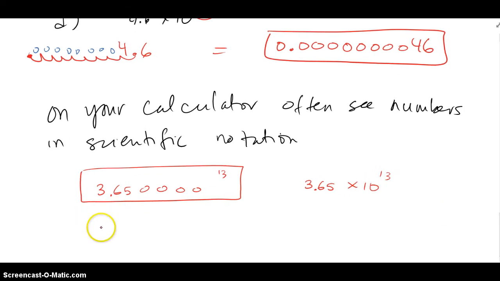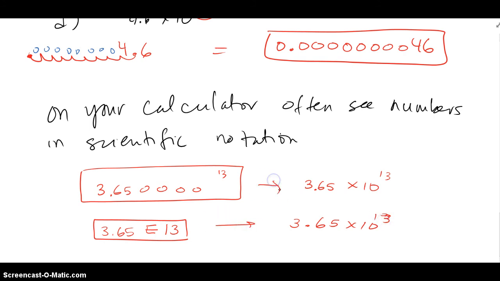Or sometimes you see 3.65 and then you'll see a bunch of zeros, or you'll just see 3.65e13. Some calculators have that, and when you see that, that really means it's that big number 3.65 times 10 to the 13th. So there's different ways.